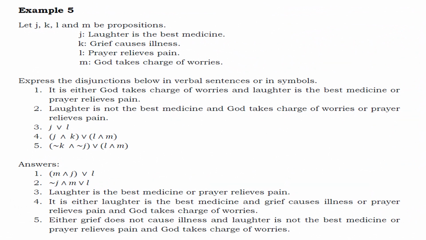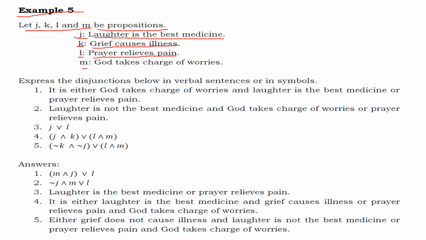Now let's deal with example number 5. Let J, K, L, M, N be propositions. Proposition J: laughter is the best medicine. K: grief causes illness. L: prayer relieves pain.